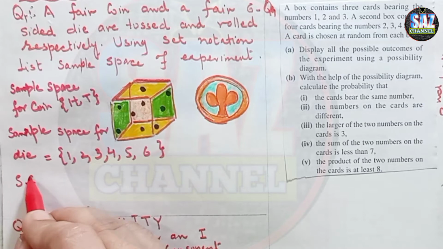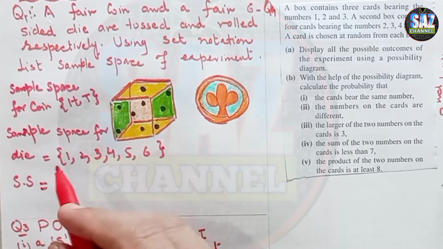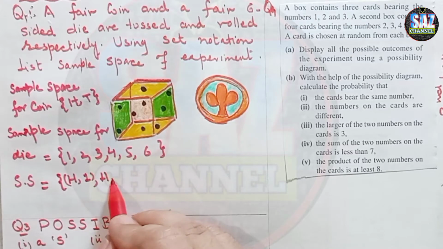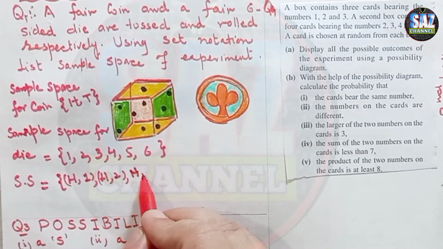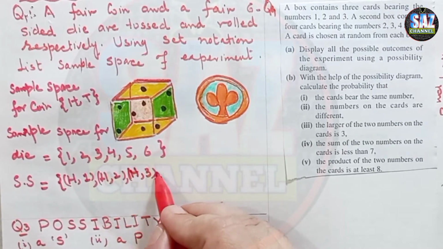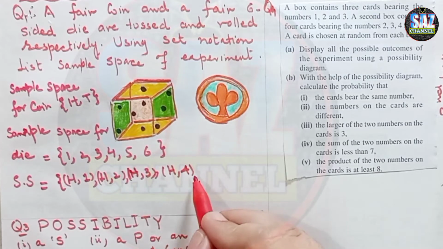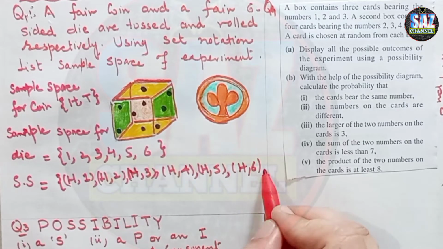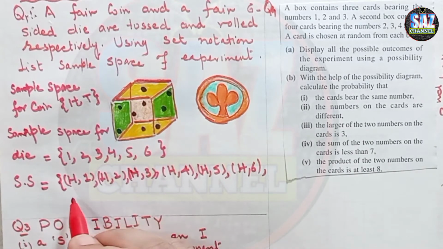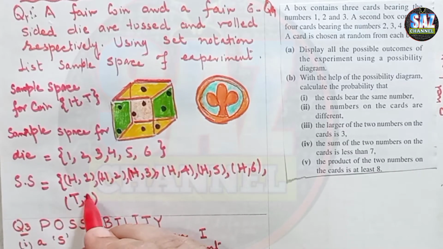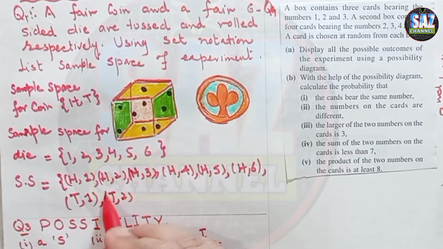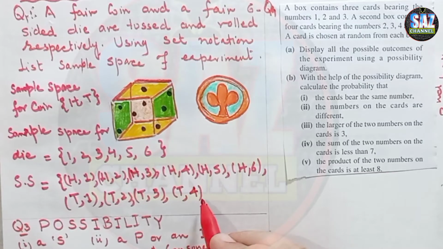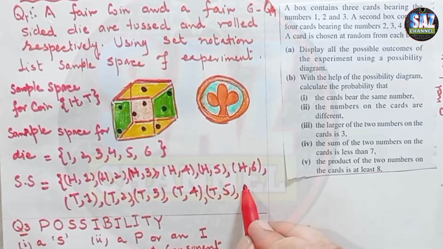So the combined sample space will be equal to head with 1, head with 2, head with 3, head with 4, head with 5, and head with 6, and then we have to write down the outcomes with tail: tail with 1, tail with 2, tail with 3, tail with 4, tail with 5, and tail with 6.